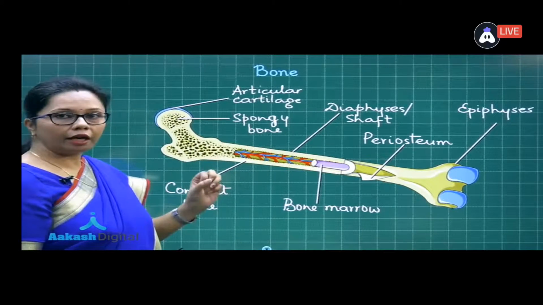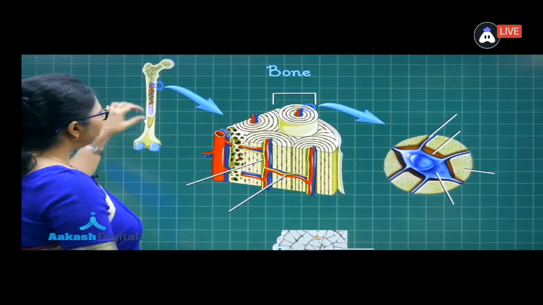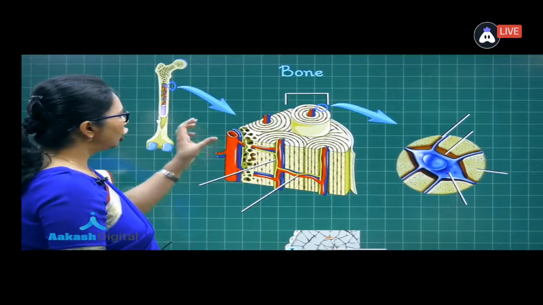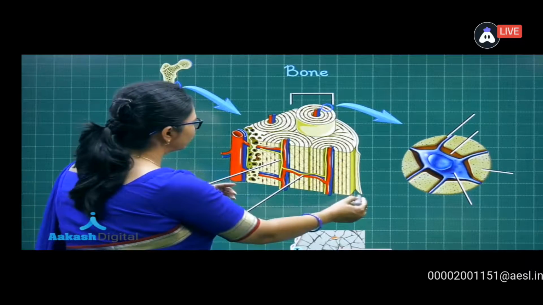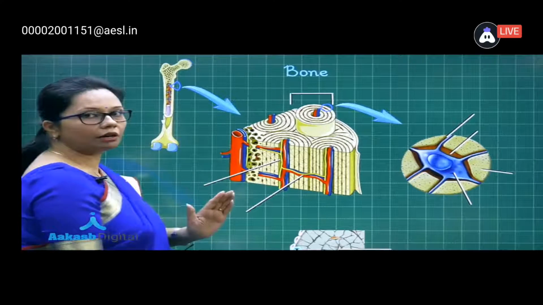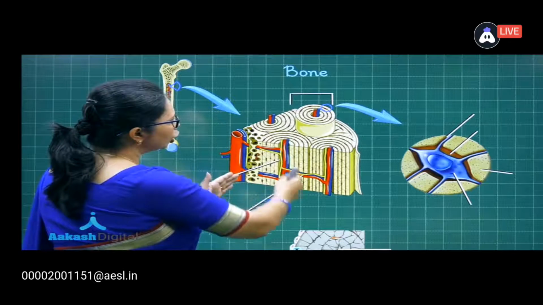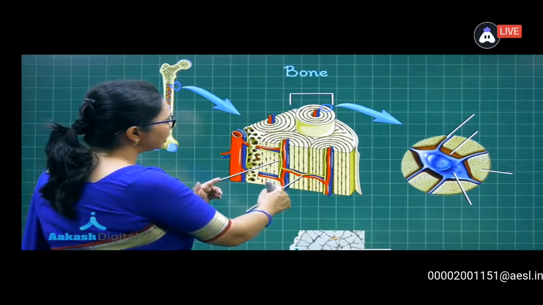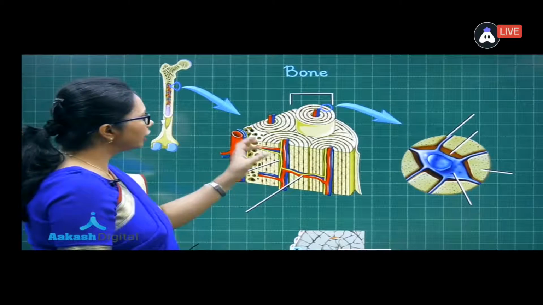Now let us take up the detailed histology of the bone. Here from this bone we are taking a small section and magnifying it. So what do we see here? Within the bone, this outer structure is the periosteum, and the side facing the marrow cavity also has a covering called endosteum. Then within the bone there are these longitudinal canals, and within these canals there are blood vessels, lymph vessels, and also nerves, which are not shown here, passing through.